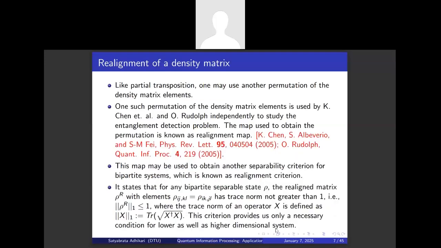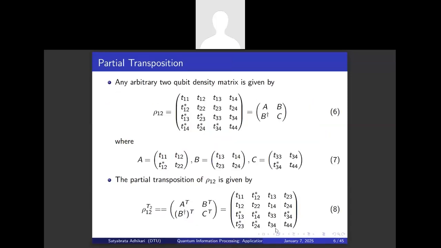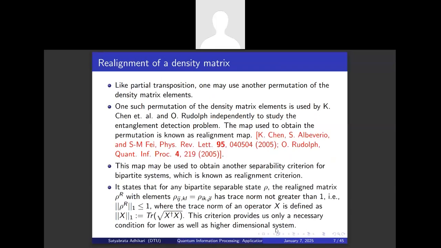Now, like the positive partial transposition criterion, you can see that in the partial transposition we are rearranging the matrix elements in some particular way. Here also we can do the same thing in the case of realignment of a density matrix.